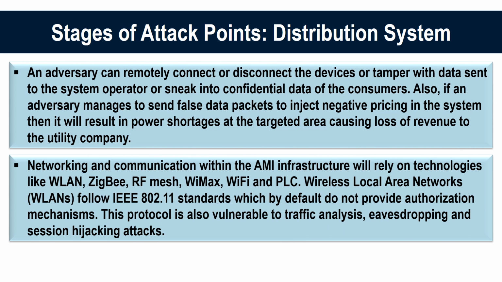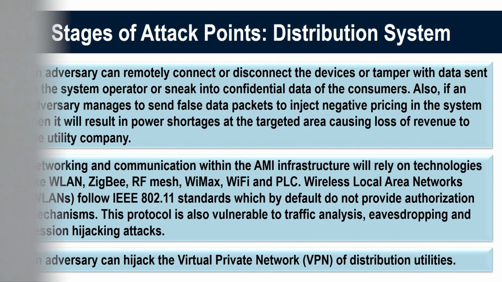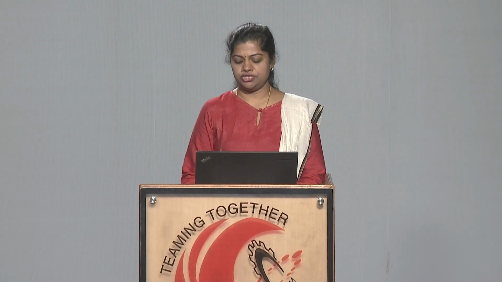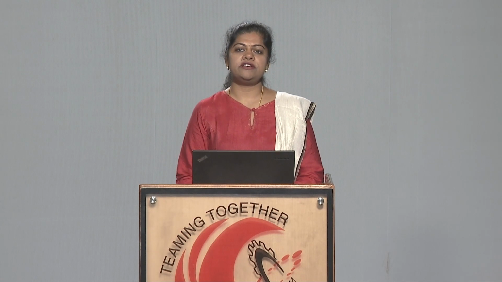If this IP address is not changed and someone knows it is the existing IP address of a particular router or device, they will be able to get access to that network and get all the data. They can also inject data which is not intended. An adversary can hijack the VPN of distribution utilities at the distribution system level. So these are the three different stages.